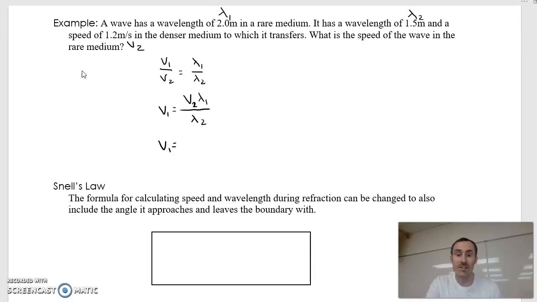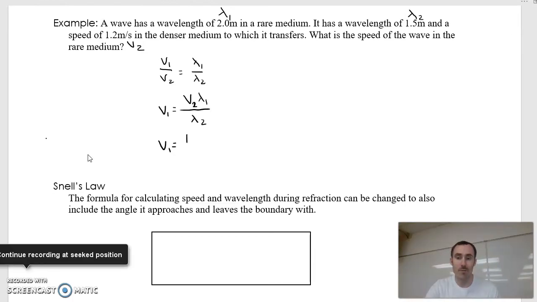When we solve this, we get 1.2 meters per second times 2 meters divided by 1.5 meters. Okay, and when we solve that, we get v1 is equal to 1.6 meters per second.